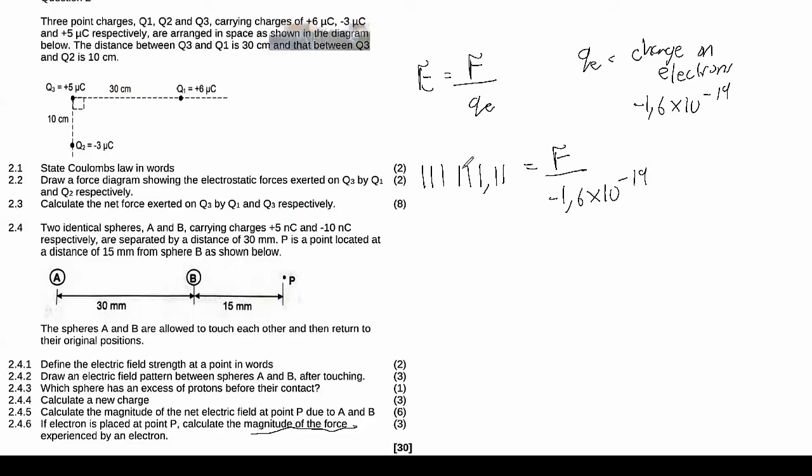And then if this one, remember this one, we said it's going to the left. And then if we say negative here, then F is equals to, negative multiplied by negative, that's a positive. So let's go multiplied by 1.6 times 10 to the exponent of negative 19.